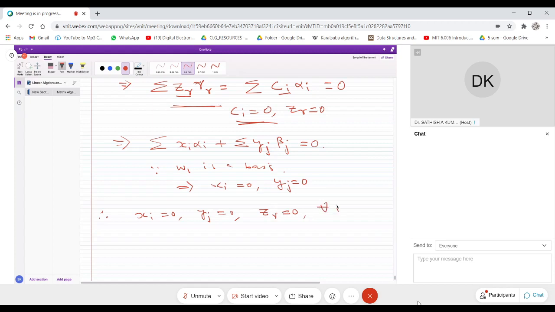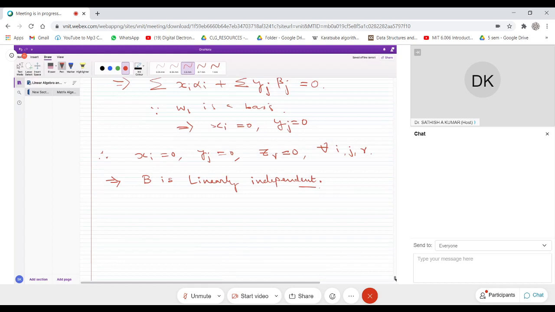This is true for all values of I, j, r. So which implies that the set B is linearly independent.